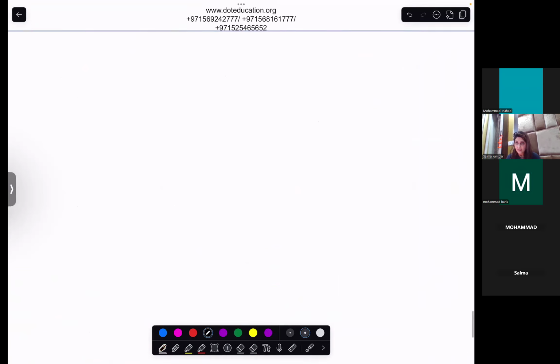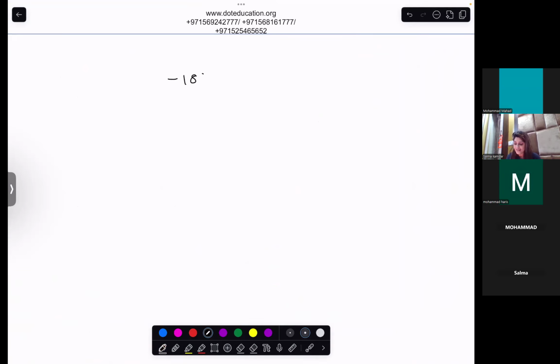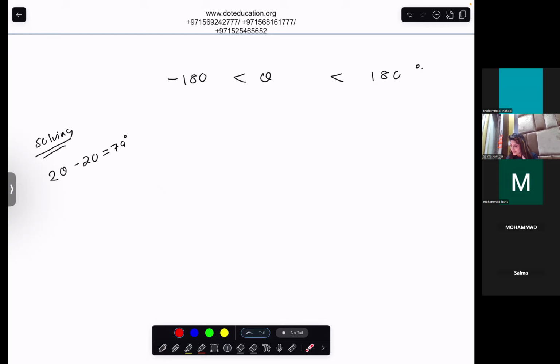My range was minus 180 to 180, and we are solving for a transformation, 2 theta minus 20, which gives 79 degrees. I am not solving for theta, I am solving for the transformation 2 theta minus 20. So the middle has to be converted into 2 theta minus 20.